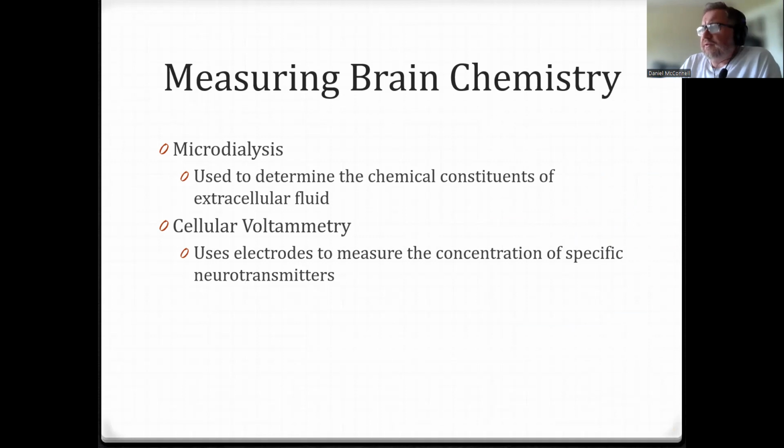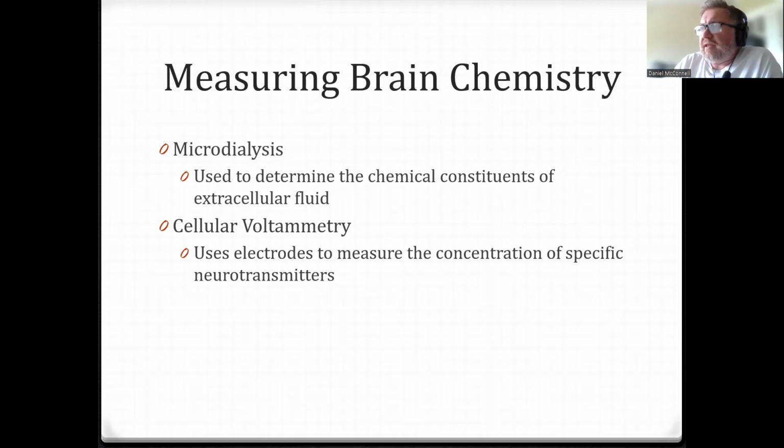Microdialysis and cellular voltammetry. So we want to understand what the chemicals are, right? How do we discover, for example, that potassium and sodium and chloride do an important job in action potentials and in synaptic transmission?